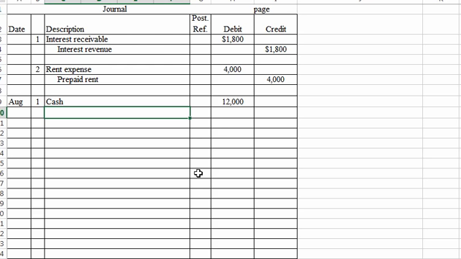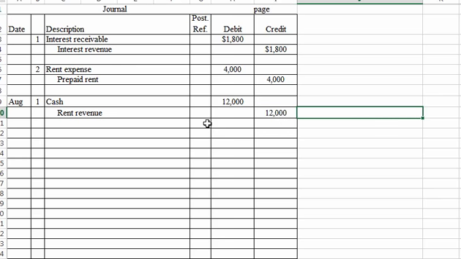So we're taking on an obligation by accepting their cash. They should have credited deferred rent revenue, but instead they just credited rent revenue. They treated it as if it had already been earned. We know that's not the case, though. So this is the entry that was made.